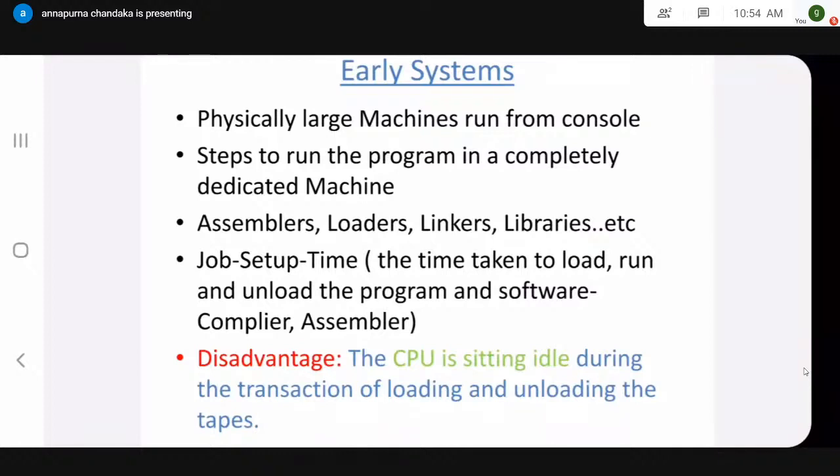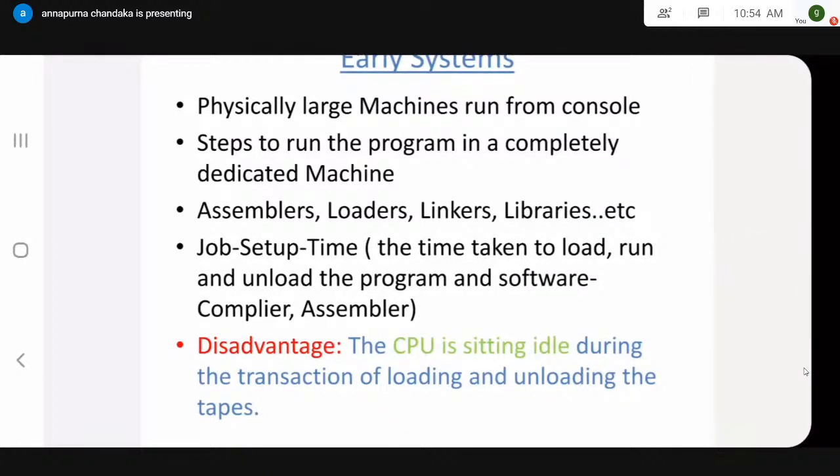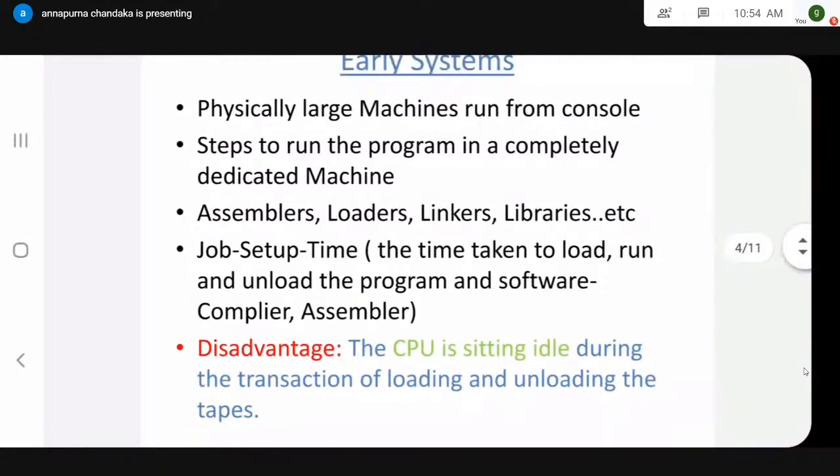After that, people were also not comfortable writing programs in assembly language, so they started writing programs in simple English-like language. But such programs are not directly understood by your computer system, so you need a translator. Then the compiler was invented.